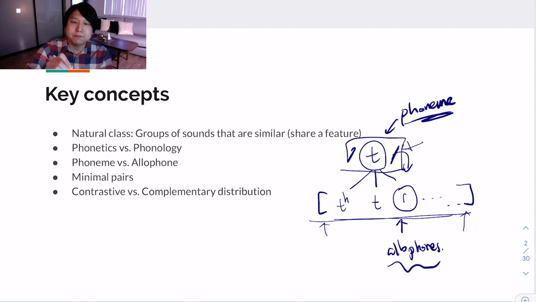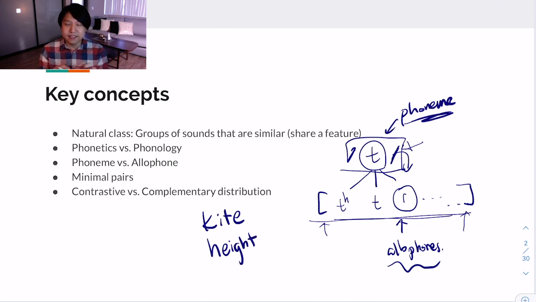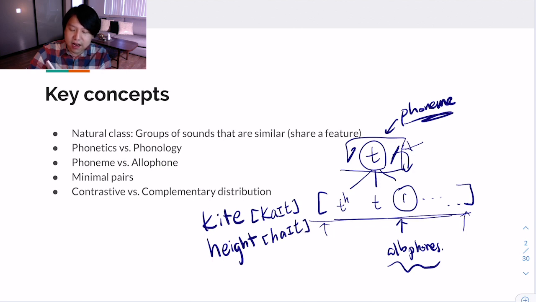So, for example, words like kite and height, they look very different when we see the spelling, but if you pronounce it, it's kite with K and a diphthong and T, height, H and diphthong I and T. These two words sound the same except for one segment at the beginning.